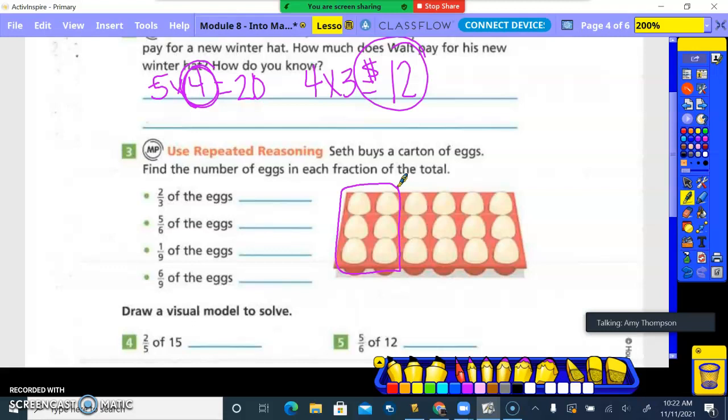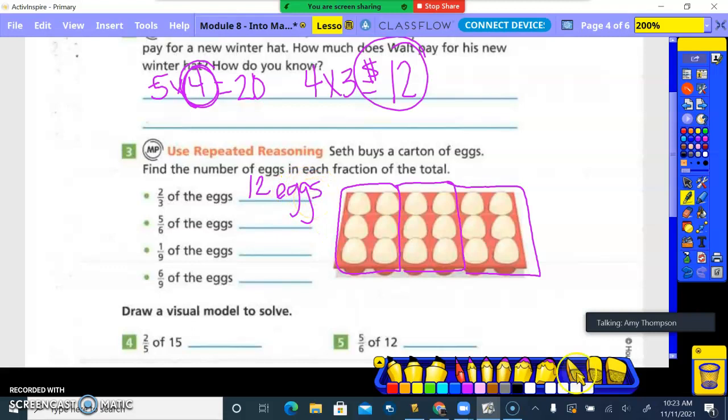Actually, we would need to break these into 3 sections. Sorry. Break them into 3 sections, and then you use 2 of those sections. So how many are in 2 sections? 6, right? Well, there's 6 in each section, so 6 times 2 is 12. So 12 eggs.